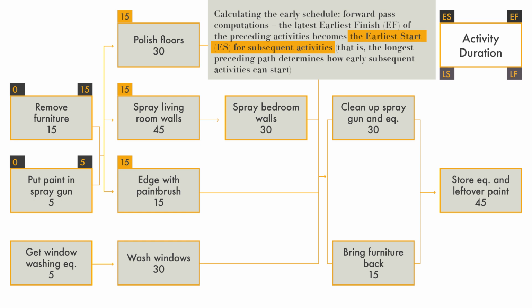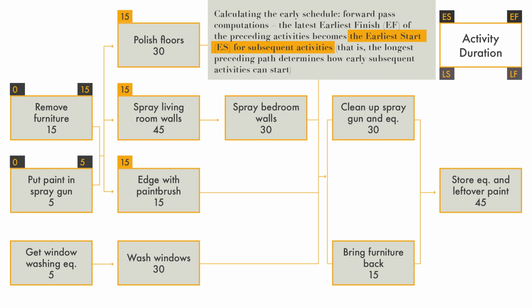And then when we get into a situation where we have several predecessors, we take the successor activity's earliest start, which is the biggest figure of the predecessors' earliest finishes, because of course all predecessor activities need to be finished before any of the successor activities can start.